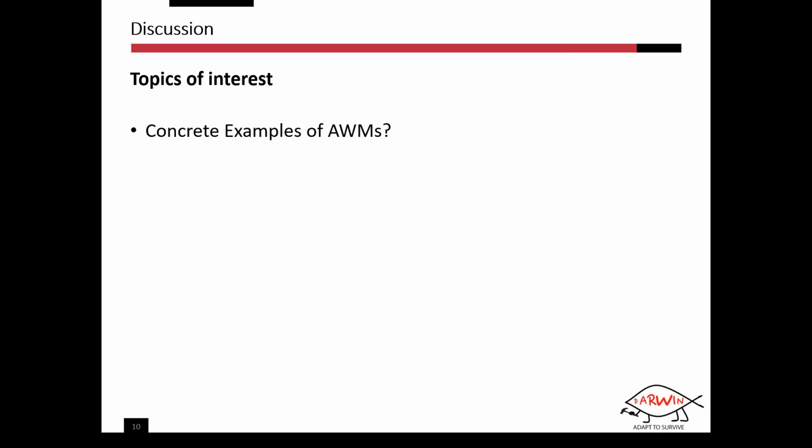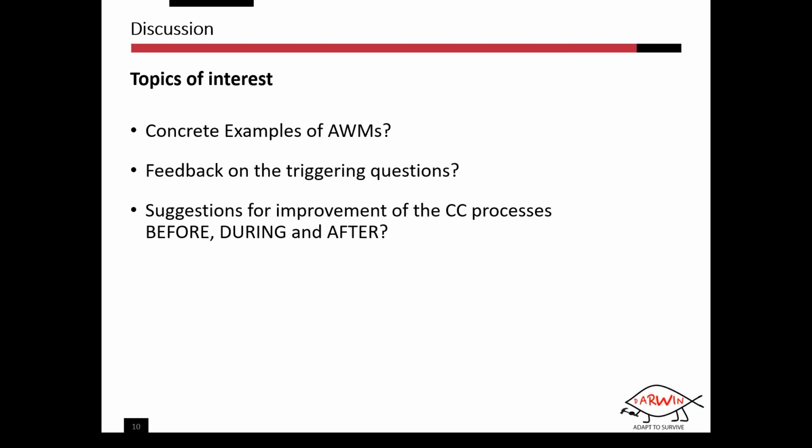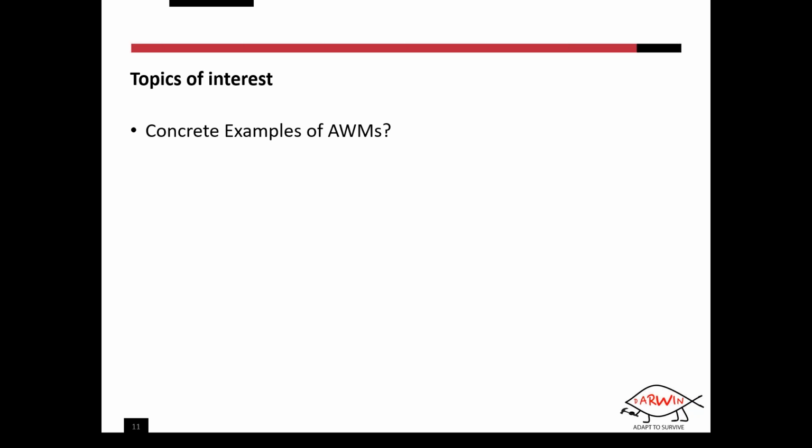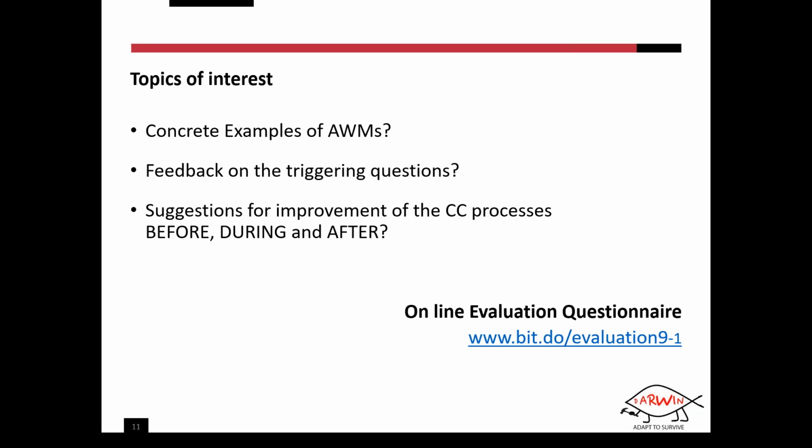These slides were to encourage examples. It's the last slide. Example of alternative working method, feedback on the triggering question, and some of them we already had, and suggestion for improving the concept card process before, during, and after. And the questionnaire. The questionnaire should be in the next slide. Okay, yes. There was a mistake in the slide. No, it's not a mistake.